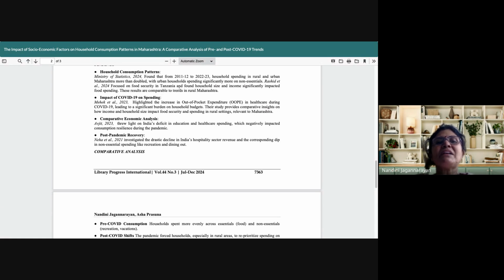So we are comparing the trends to rural Maharashtra here. Mine was on Maharashtra and this is a study on Tanzania. Did you see how it is related here? Somewhere in Tanzania somebody studied and it is getting related to rural Maharashtra here. Same way when you see, this is called as reviewing literature. Past studies को हम कैसे relate करते हैं? समझ में आ रहा है class?